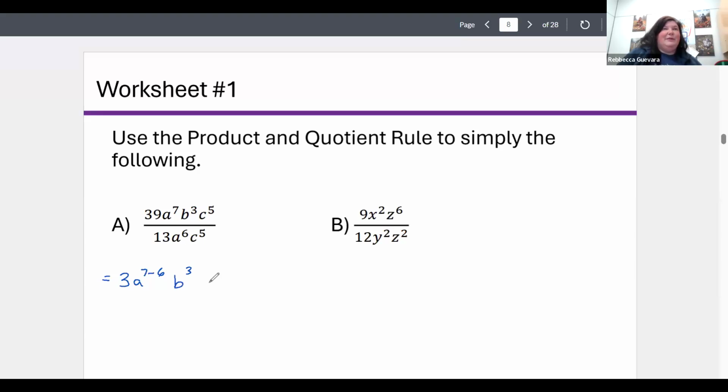And then with the C's, we see we have C to the 5th minus C to the 5th. Or you could have said, just cancel out, and I don't have a C there at all. So if you chose that, that is fine. So we're going to have 3A, because it's A to the 7th minus 6, so that's A to the 1, B to the 3rd. And we know we don't need to keep that exponent of 1. So we'll just say 3 times A times B cubed.